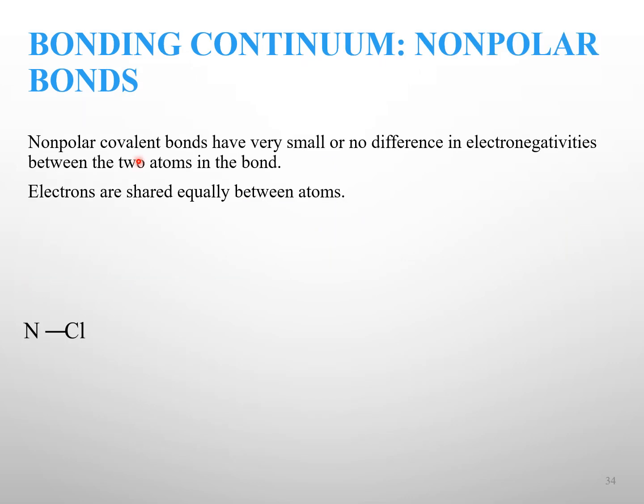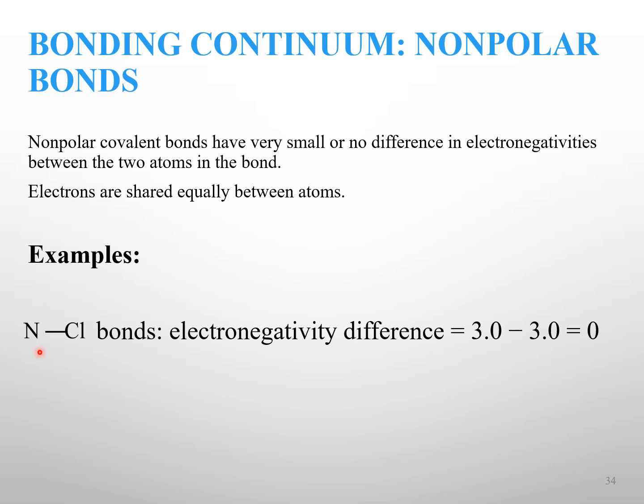More examples here. Nonpolar covalent bonds are going to have very small or no difference in electronegativity between the two atoms. So if you look at N and Cl, N is going to be 3, Cl is also 3, so this bond is going to be nonpolar covalent because the electronegativity difference is 0.